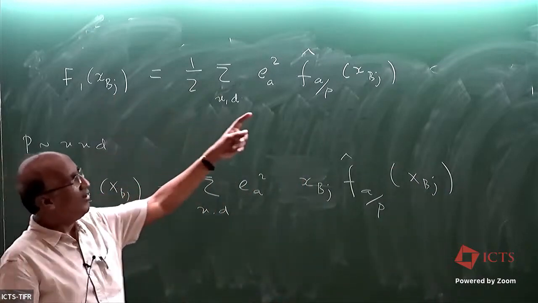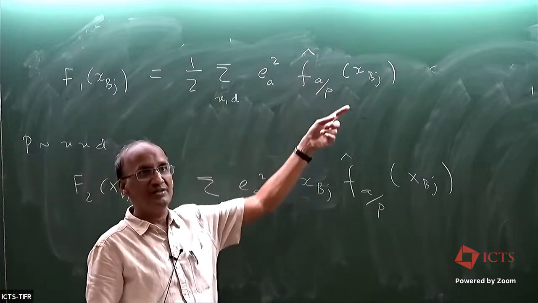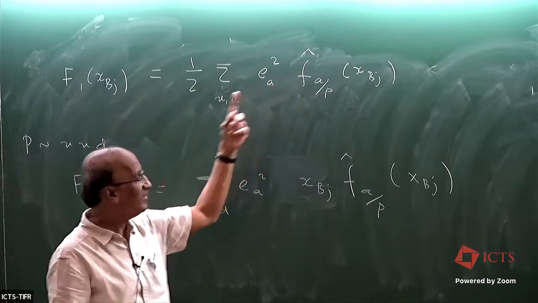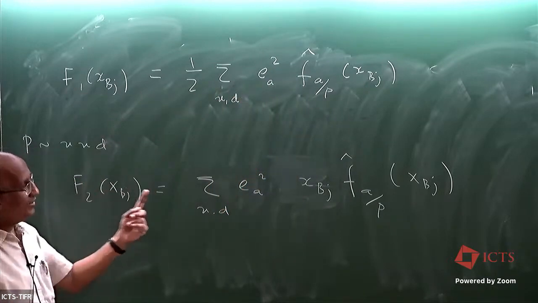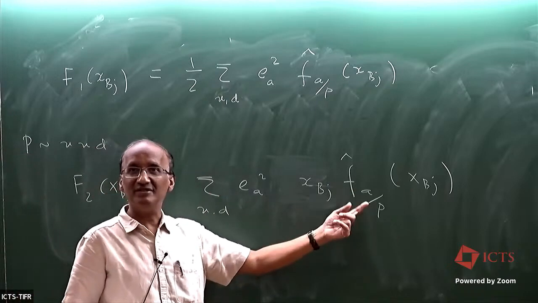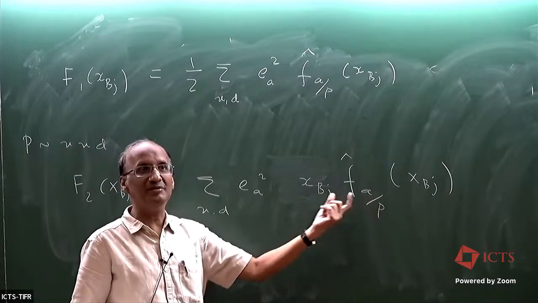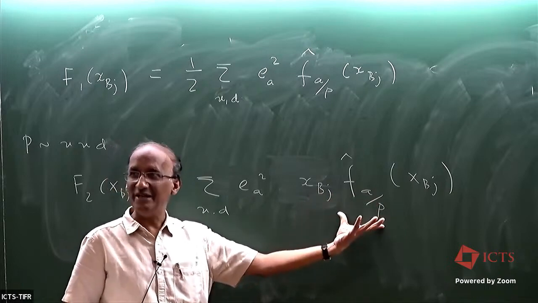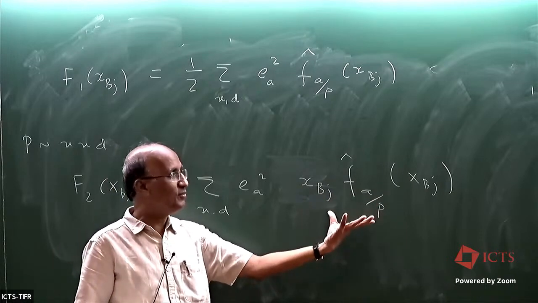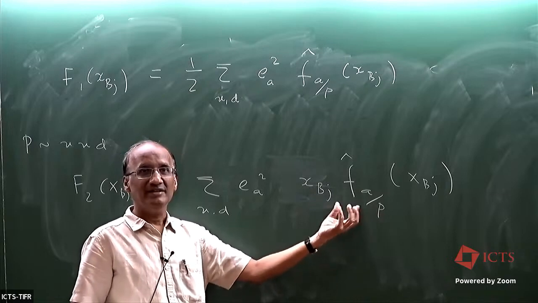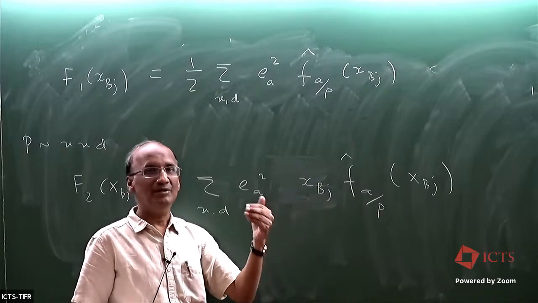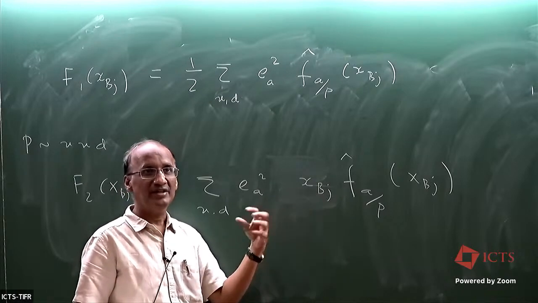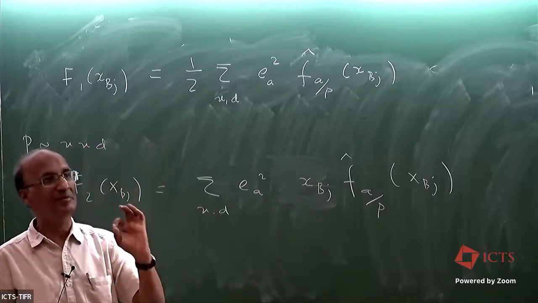This tells you how the distribution looks like. This F2 in terms of these distributions looks like xbj times this. So if I have a probability distribution multiplied by xbj, the fraction of the momentum, what does this mean? This tells you what is the probability that a particular parton has the momentum fraction xbj. It gives you the value of the momentum.